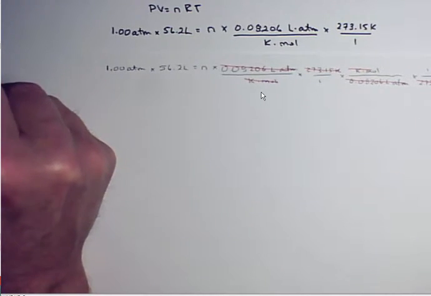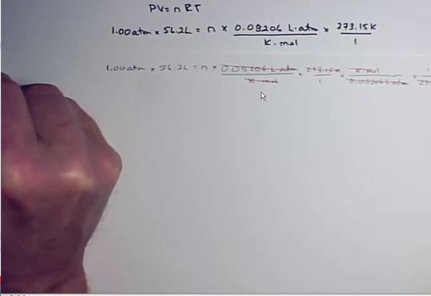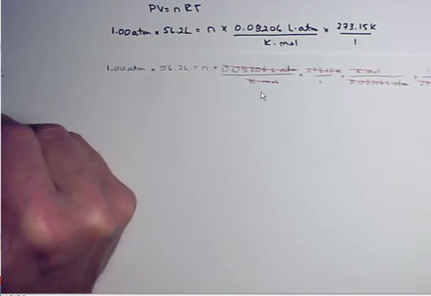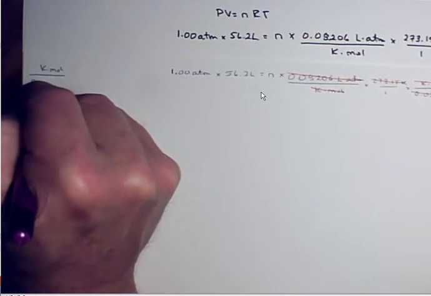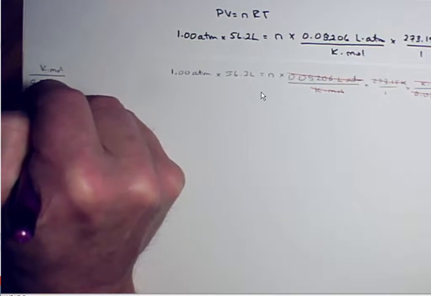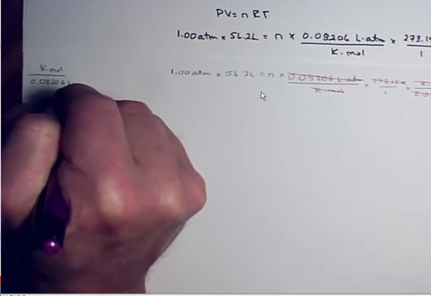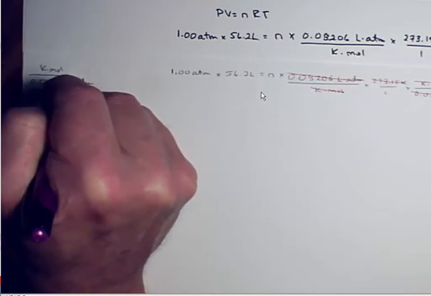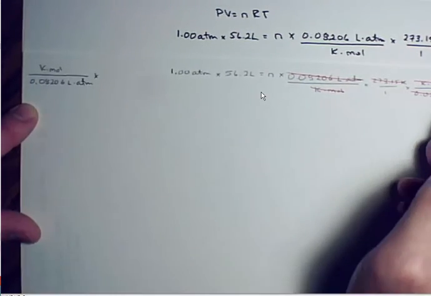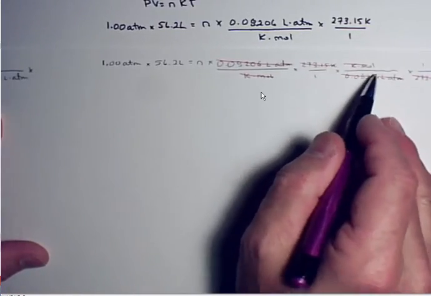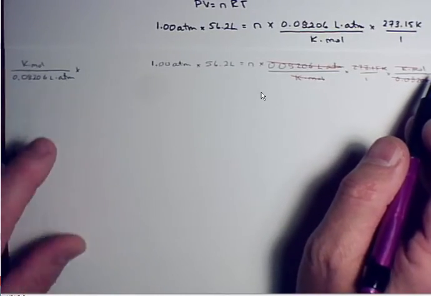So let's see, I'm going to have Kelvin times moles over 0.08206 liters times atmospheres. Can we see that? Let me get over on the screen so you see it. Okay, that's that term I've put on the left side. I'm sorry, this term right here I've also put on this side.